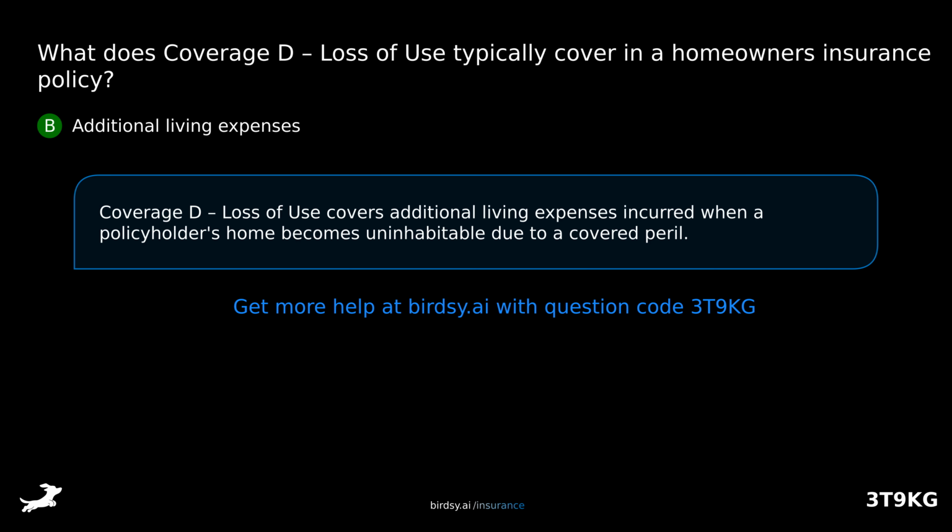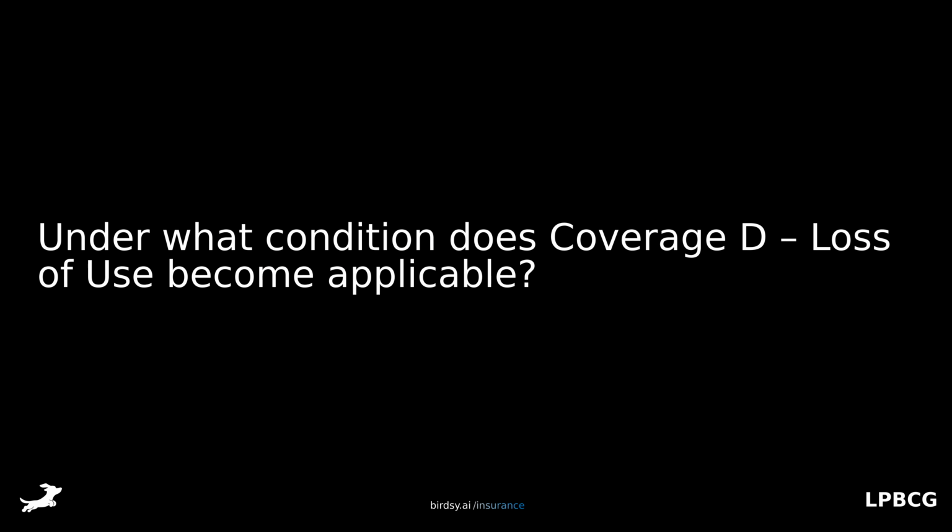Coverage D, loss of use, covers additional living expenses incurred when a policyholder's home becomes uninhabitable due to a covered peril. Under what condition does coverage D, loss of use, become applicable?